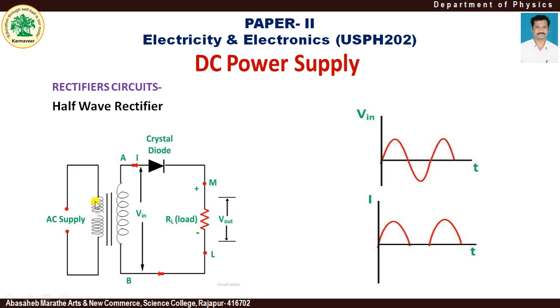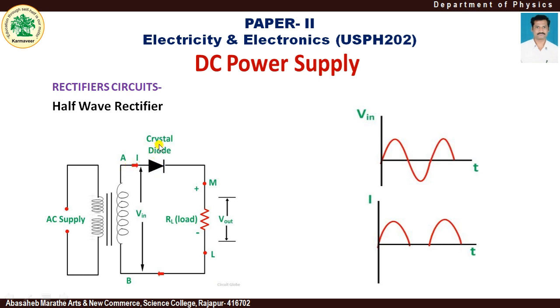Here the number of turns in the primary coil is very large as compared to the number of turns in the secondary coil, so this becomes the step down transformer. If we provide 240 AC volts here, then we will get at these two points A and B a very low voltage, but it will also be of AC type. This low voltage AC supply is given to the diode.